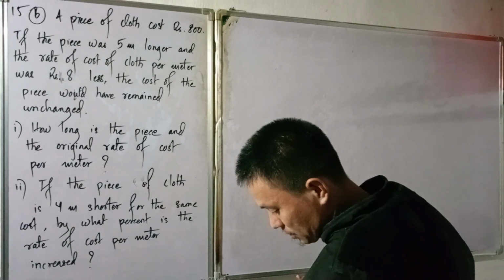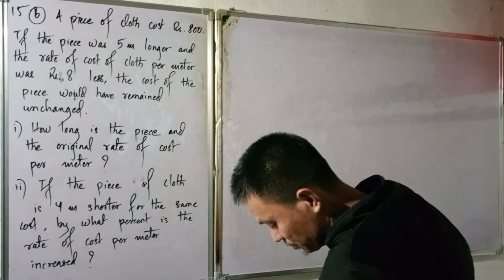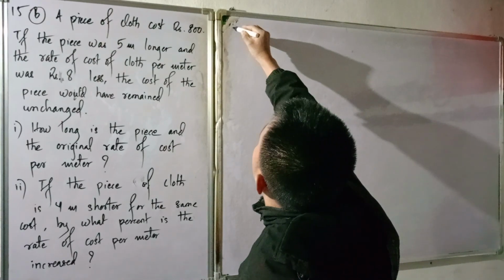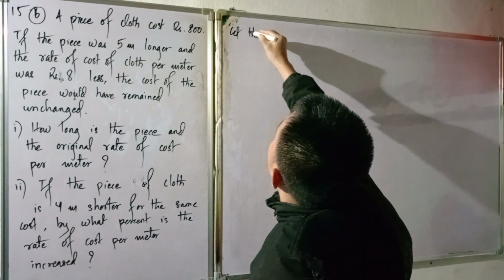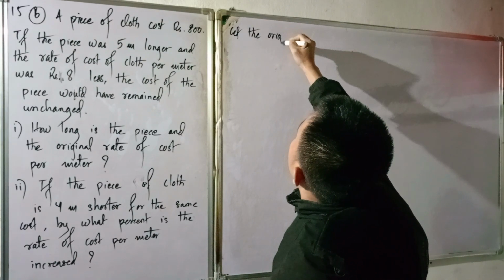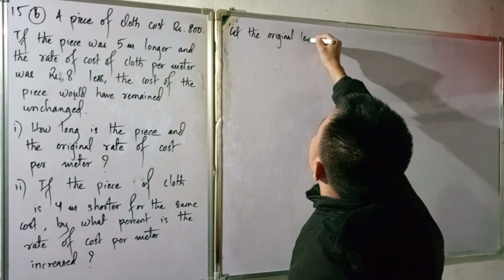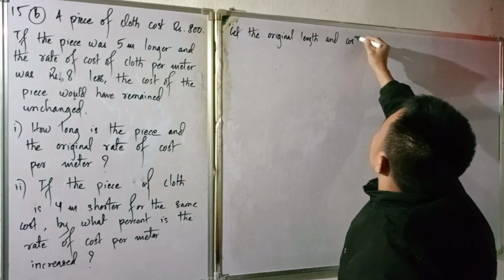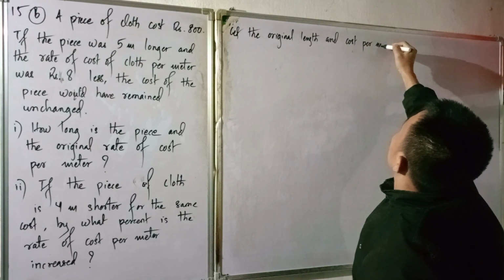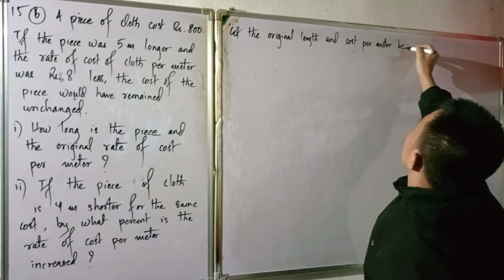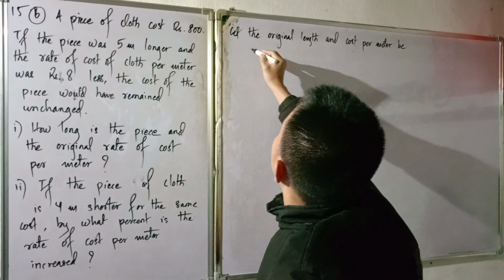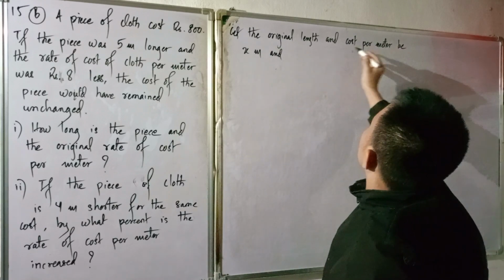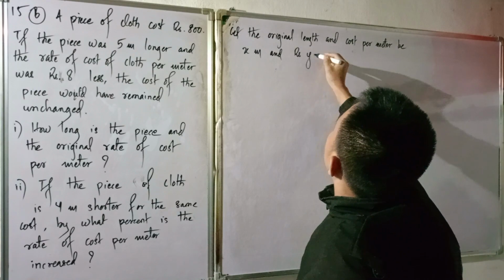So there are two variables, the length and the cost per meter. Let the original length be x meters and the cost per meter be rupees y.